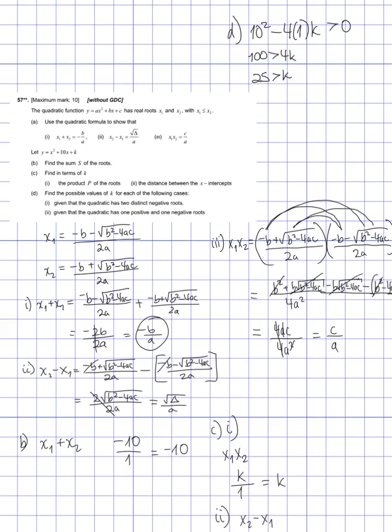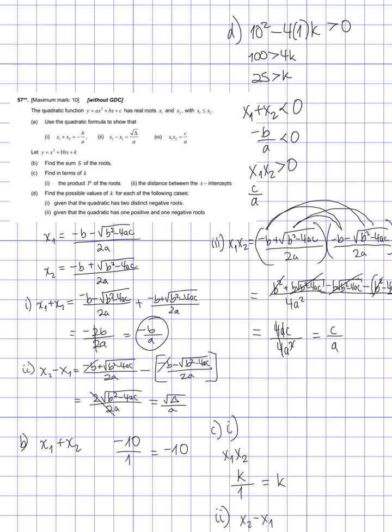All right, so that's one thing, but if it has two distinct negative roots, the sum of the roots has to be less than 0, so negative b over a is less than 0. And the product of the roots has to be greater than 0 because two negatives multiplied makes positive.